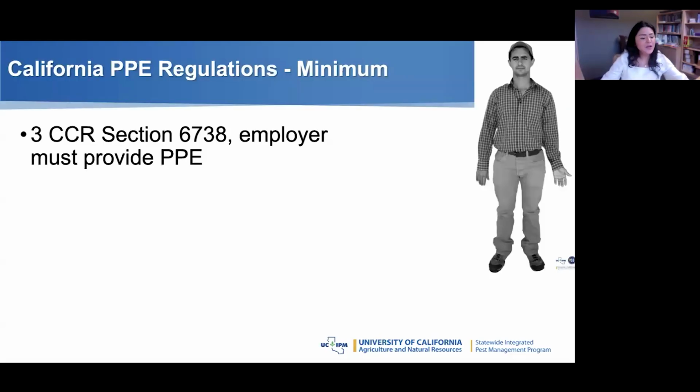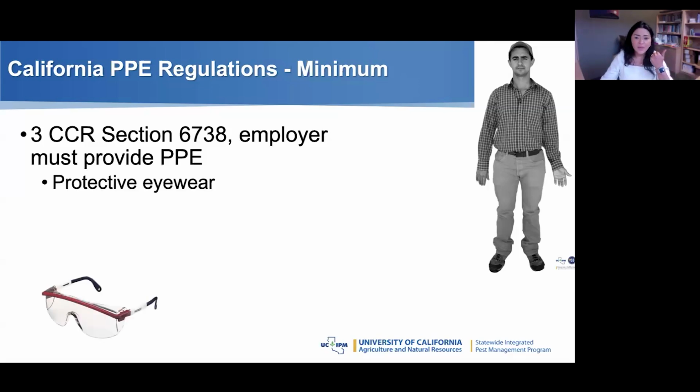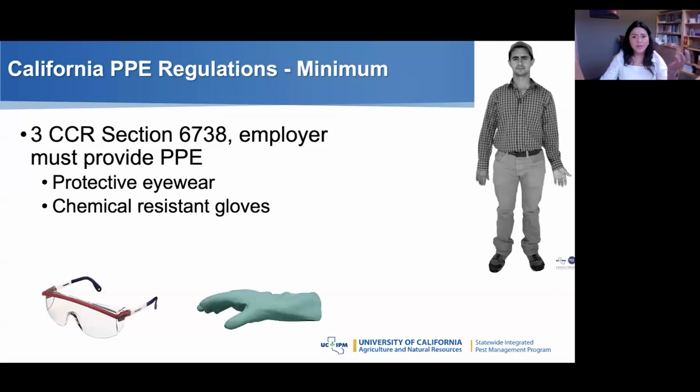Okay, so California law states that if a person works at a place where they are going to be required to handle pesticides, this person at a minimum should have access to protective eyewear and chemical resistant gloves. That is the minimum, that's the baseline, without taking into consideration the label.